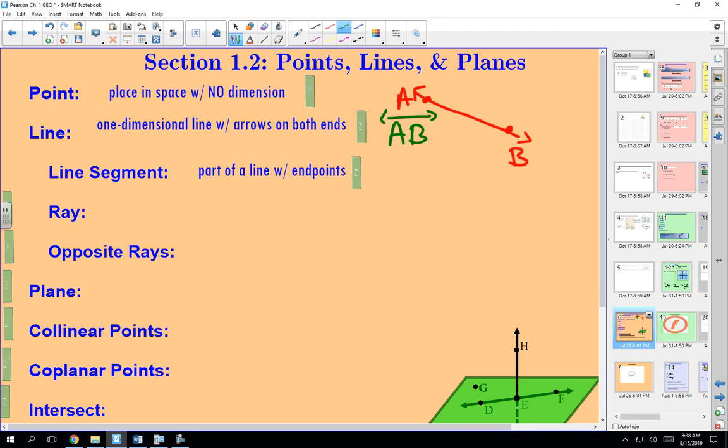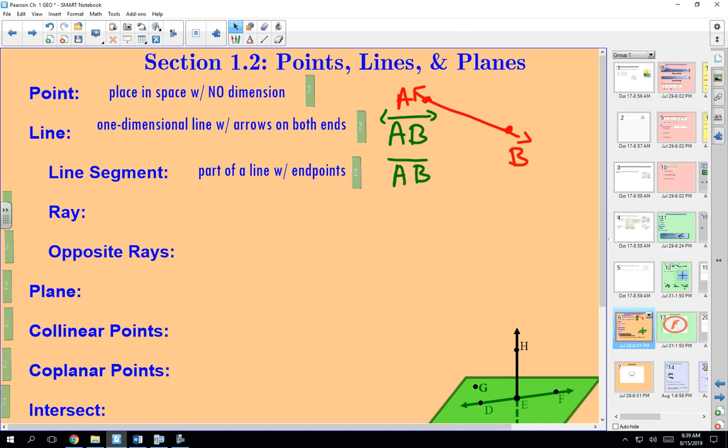As opposed to line segment AB, where I'd write AB and draw a line segment symbol. Notice there are no arrows on the ends of the line segment symbol. So there's a difference in the symbolism for line versus line segment, and also between those two and the symbol for a ray. Ray may be new for you, I don't know.